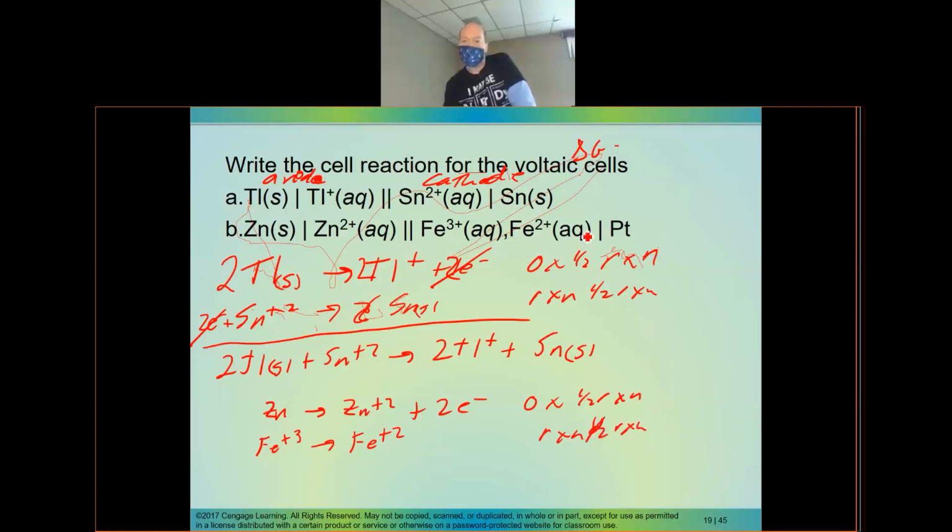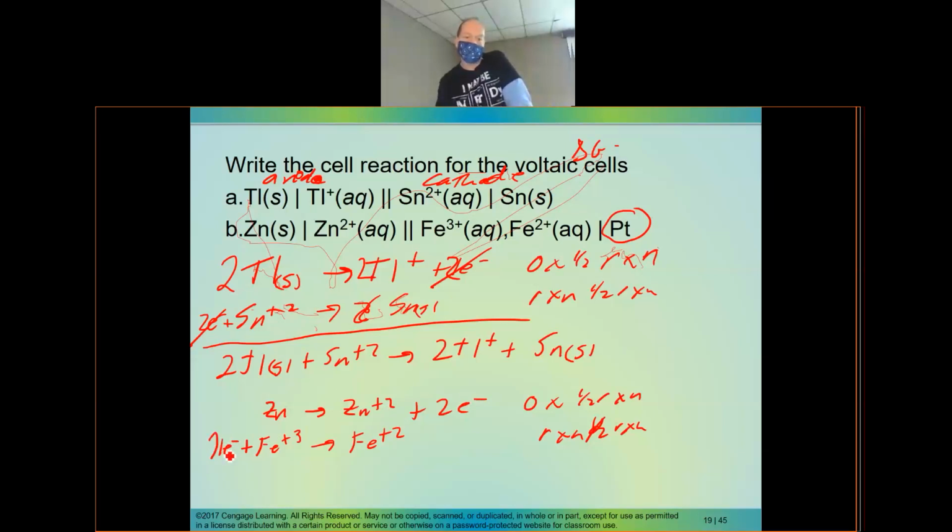Again, when there's no metal, you have to have a solid metal electrode to connect your alligator clips to. When there is not a metal in your half reaction, you put in platinum. All right, and so we needed our 1 electron for our Fe+3 to go to Fe+2. So again, when you add it up, the electrons gained have to equal electrons lost. We lost 2, we need to gain 2.